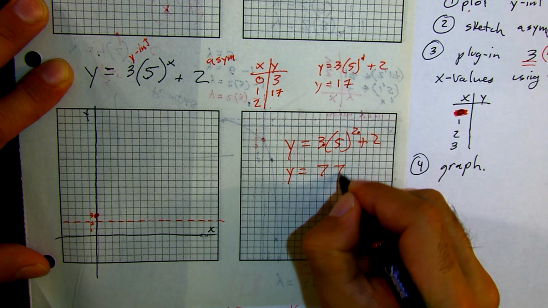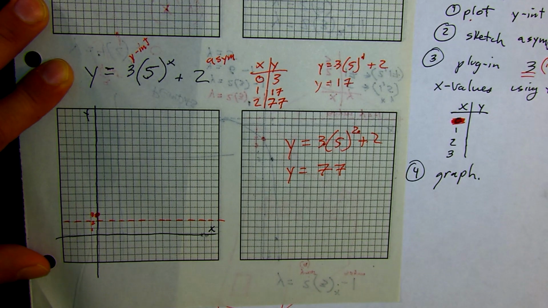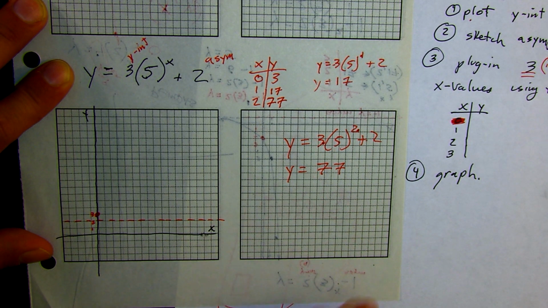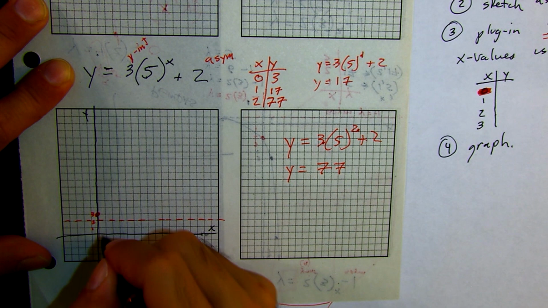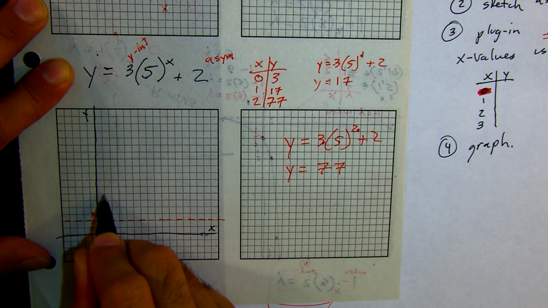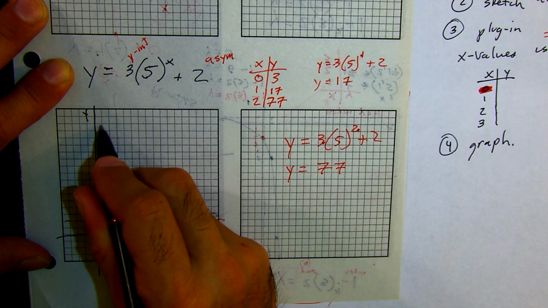So I'm going to run out of space really quick, because I don't have room for 77. In Math 2, you'll learn a little trick for this, but not quite yet. All right, let's plot this point: 1 for x, 17 for y. 1, 2, 3, up to 17. That's really increasing quick.